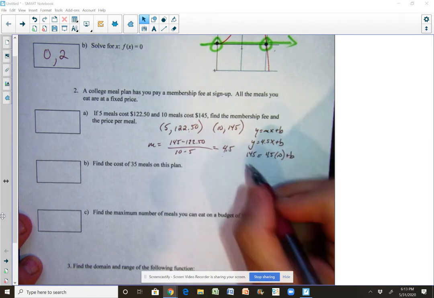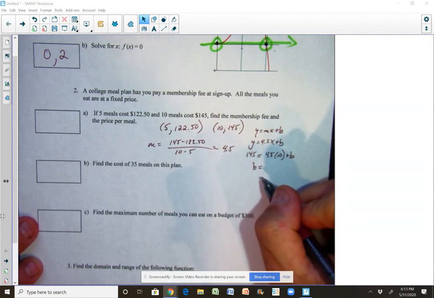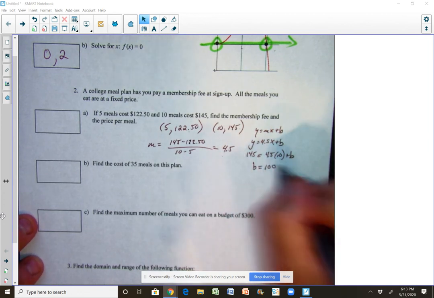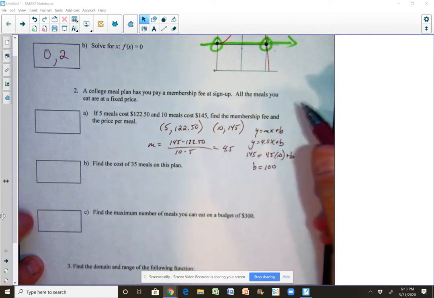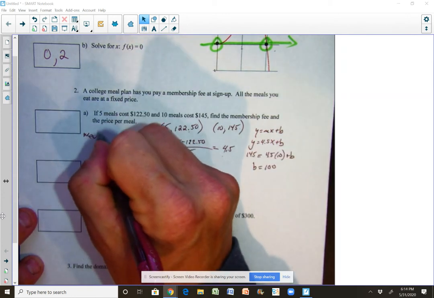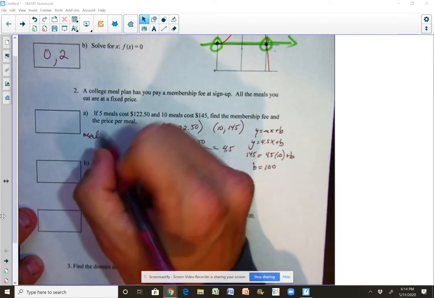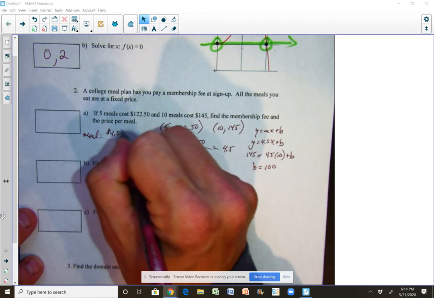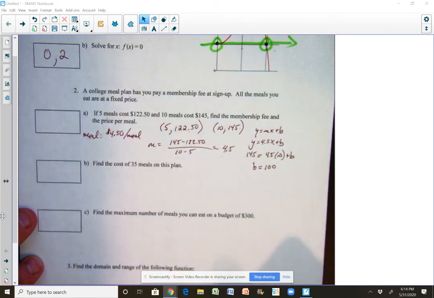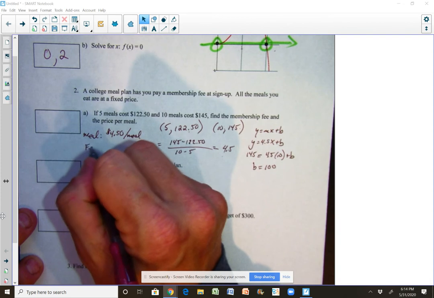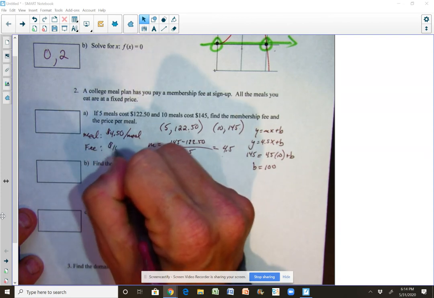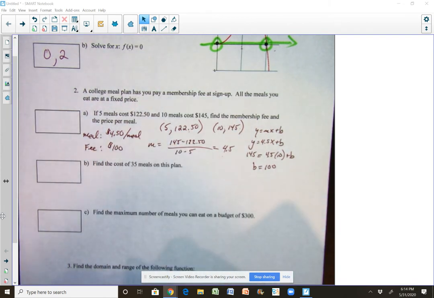When you solve for b, that b value comes out to be $100. So the cost is $4.50 per meal, and the membership fee is a flat cost of $100. When you sign up, it's $100, and then each meal beyond that is $4.50.